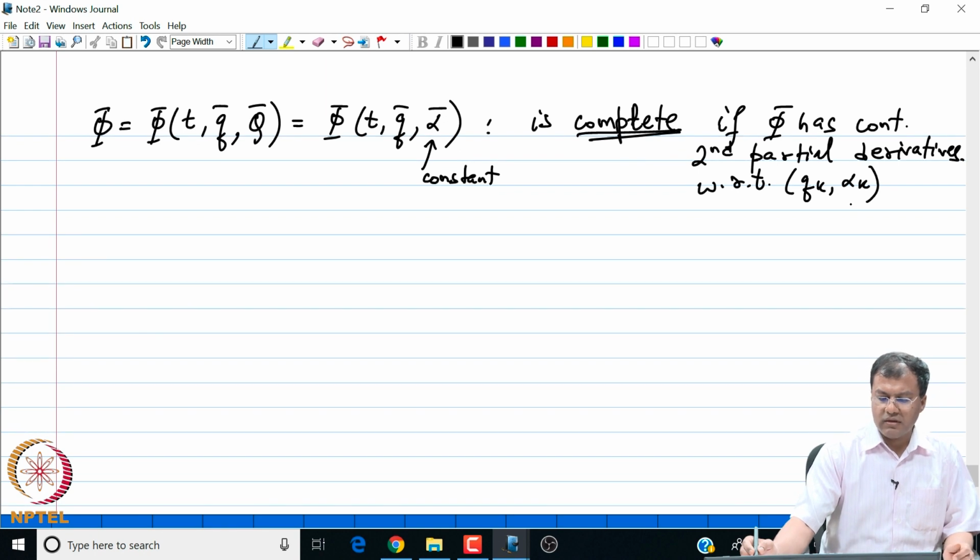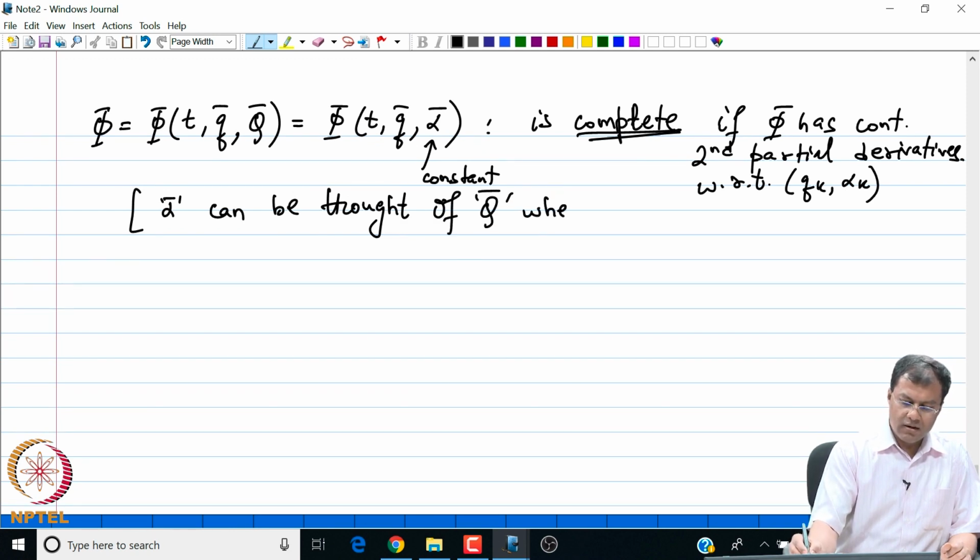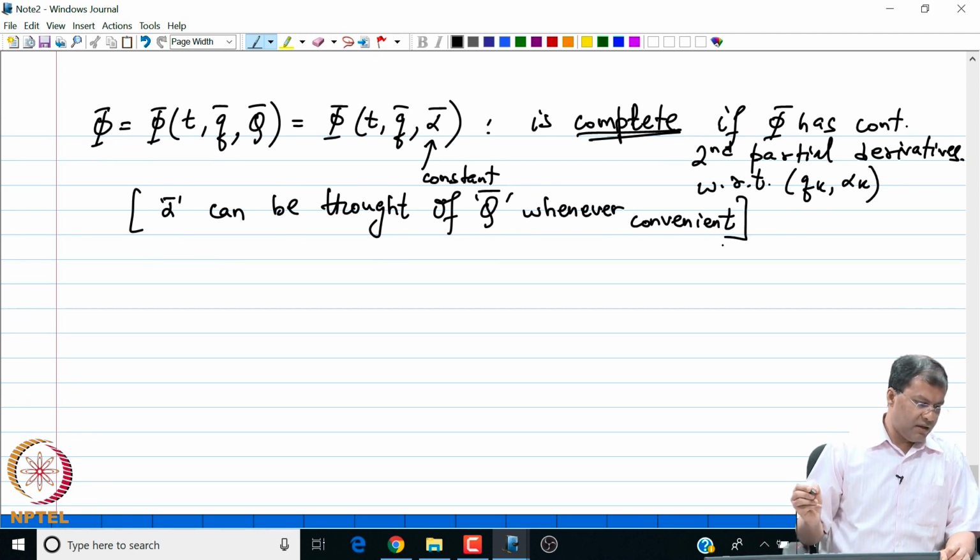There is no confusion because alpha_k is nothing but our coordinates capital Q. So when I take the derivative with respect to a variable, they can be conveniently switched with capital Q. So what I am saying is alpha bar can be thought of as capital Q bar whenever convenient.